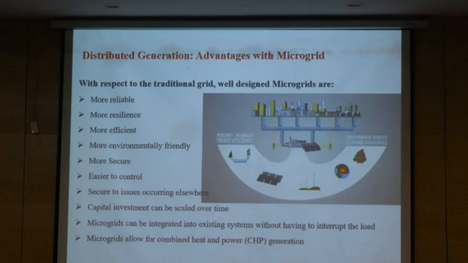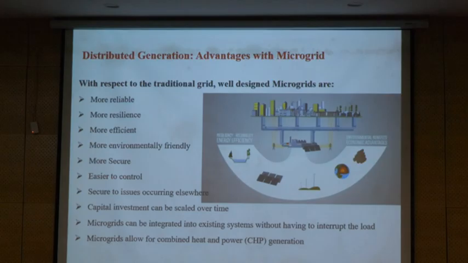It can also use combined heat and power, like a fuel cell providing electricity and heat, and then use the heat for some thermal activity. So it seems that this is a nice technology, and we can use it in different places.